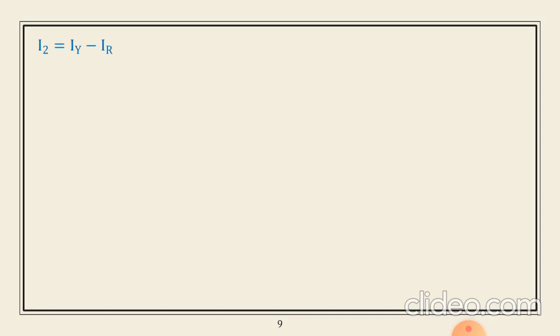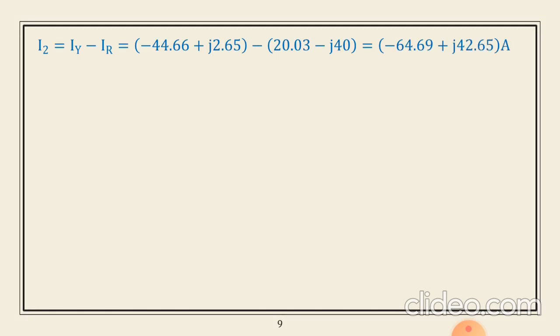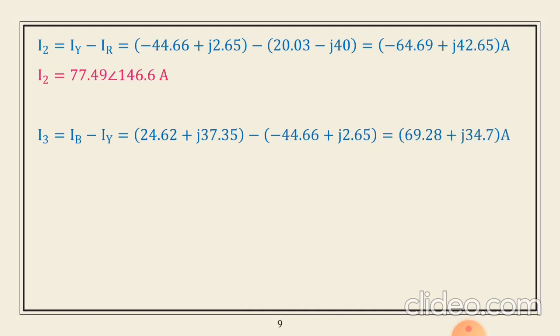Then I2 is equal to IY minus IR. Convert that into polar form. I3 will be equal to IB minus IY. Again convert that into polar form. All the 3 magnitudes will be the same, 77.49. Only the angle differs. That is a balanced delta connected load.